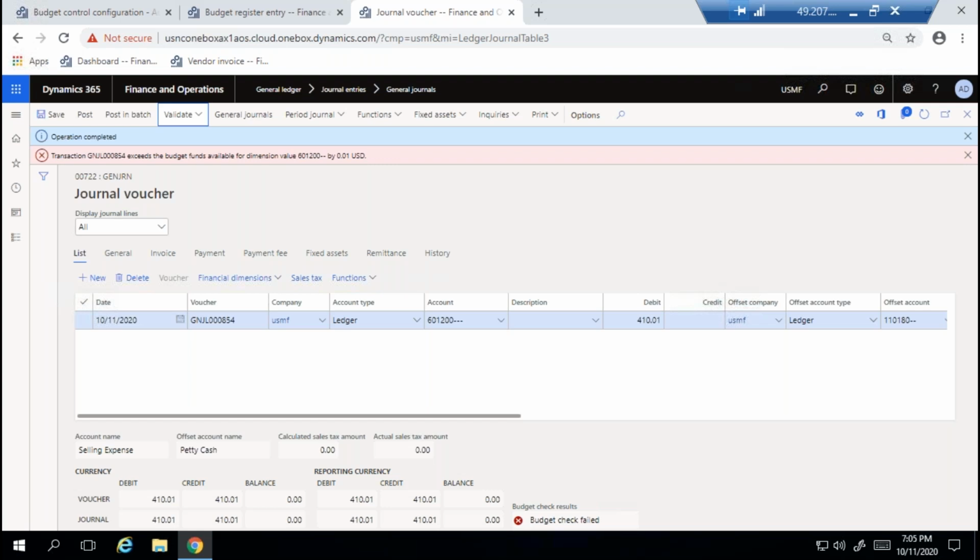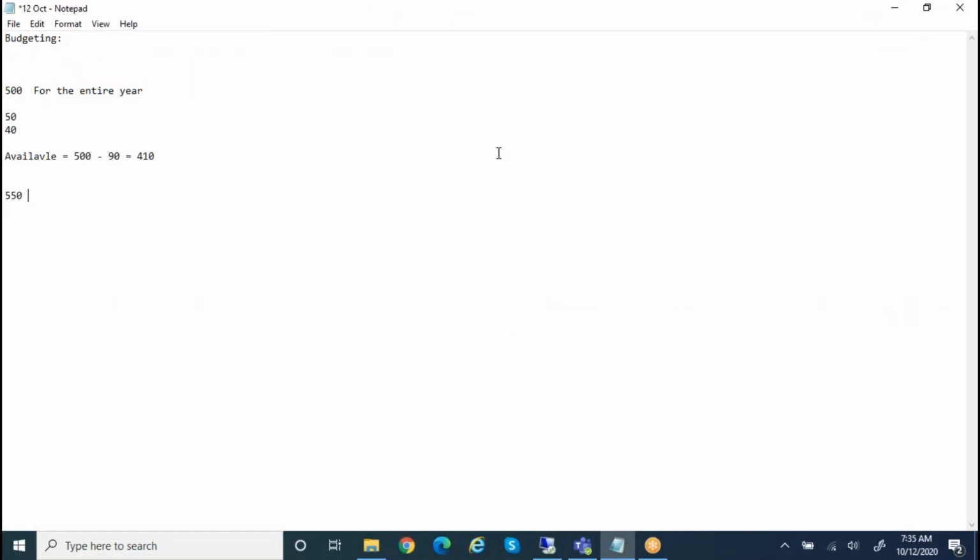Understood the concept? For the entire year I have entered budget fund 500. Now I am entering pieces like 40, 20, 30, 40. It will validate whether the total is crossing 500 or not. This is actual, I have entered.